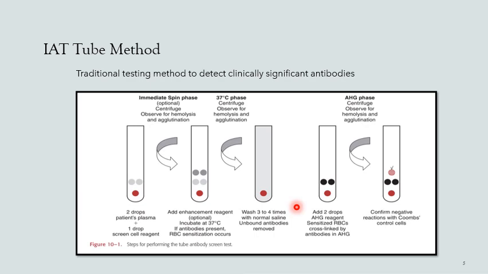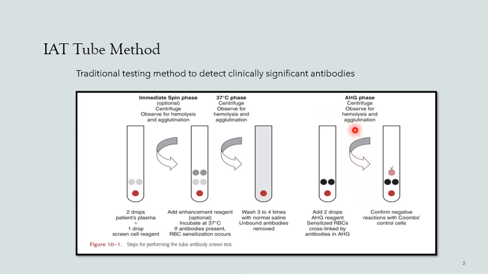So after addition of AHG reagent, centrifuge the test tube, and then after centrifugation, observe for hemolysis and agglutination. All negative tests must have Coombs control cells or check cells added to confirm the validity of the negative result.